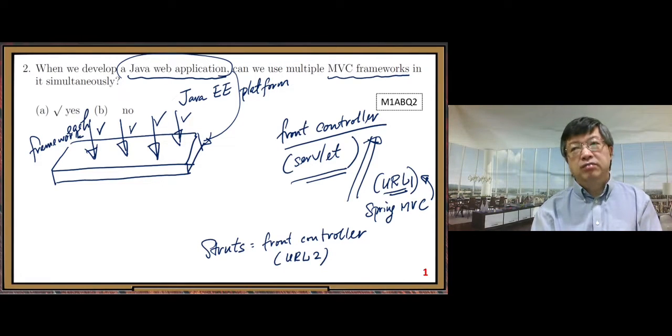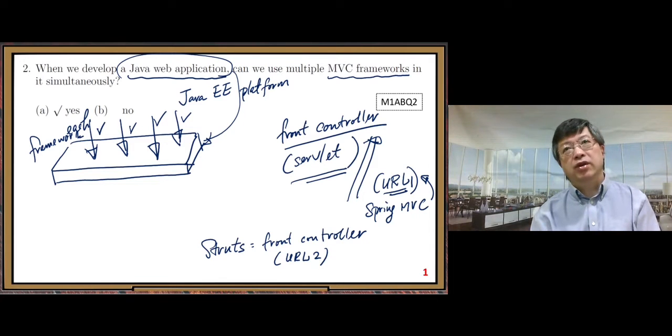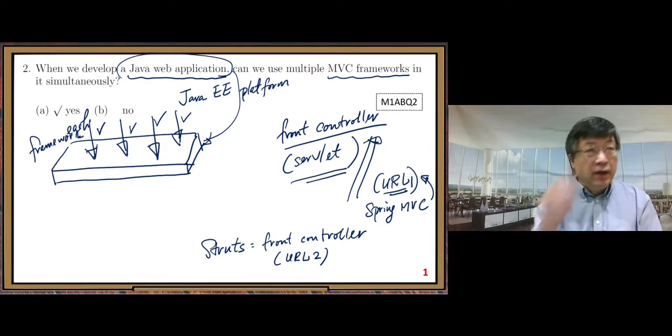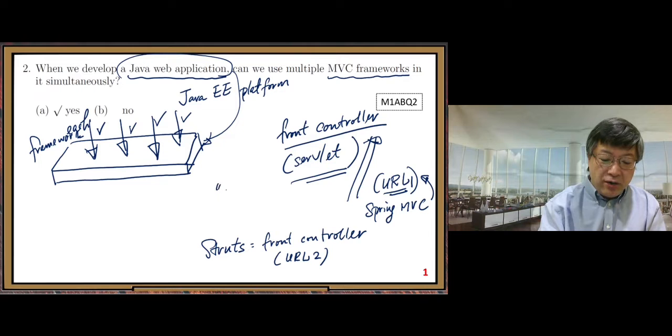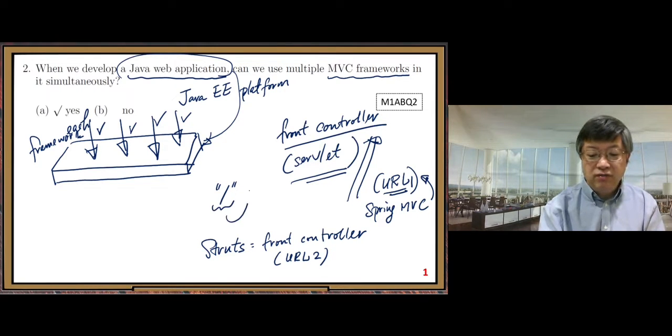MVC frameworks in one application, usually it's rare, it is not common. Usually people just use one framework. When you use one, then you just use the general slash for its front controller.